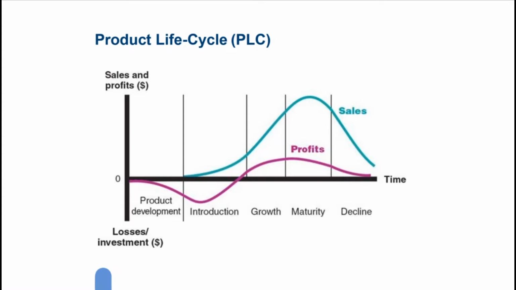In the growth stage, our sales are higher than our expenses, and they start to climb up to maturity. And when the product life cycle reaches the maturity stage, it doesn't go up anymore because it has already gained its market share and there's no way to climb up. So this is the top position of our product in this market.